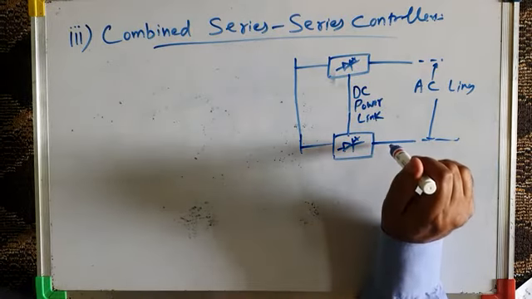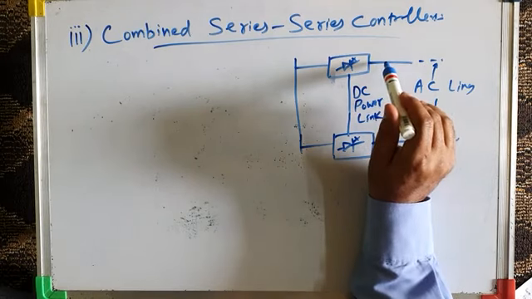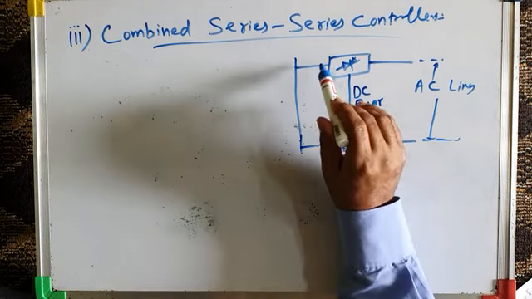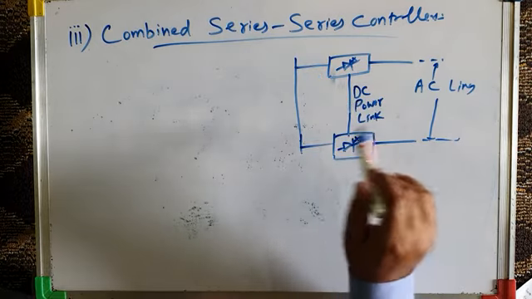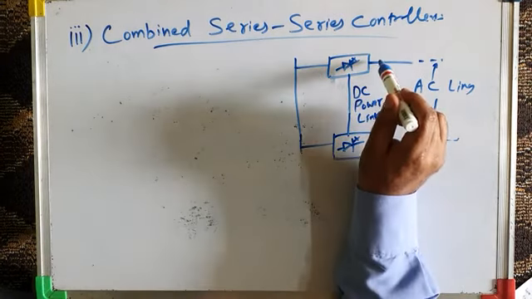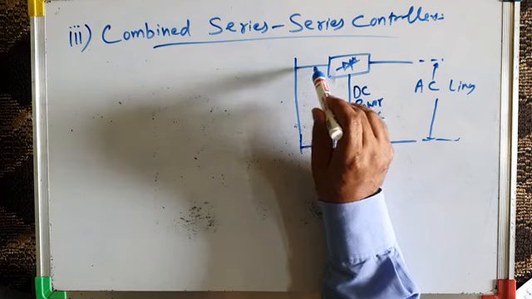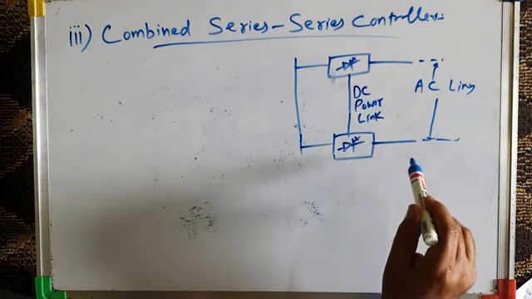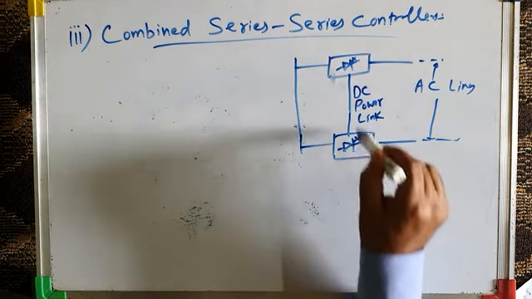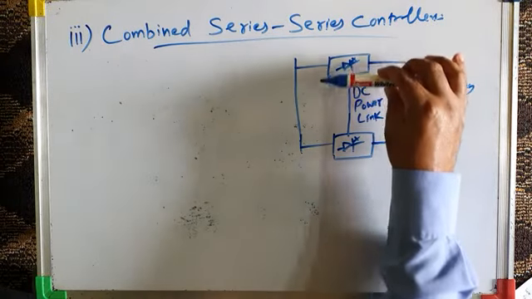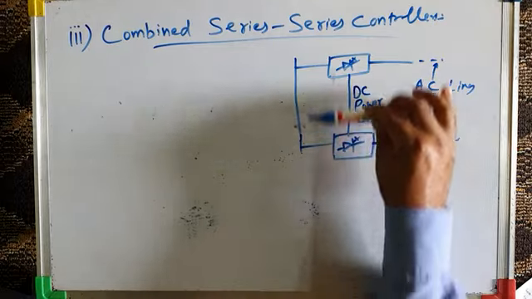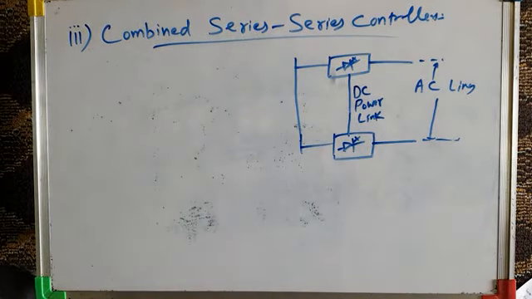Or if this line is overloaded and this line is underloaded, in that case we may like to shift some power from this line to this line. So through this DC power link, power can be exchanged. Power can be shifted from this line to this line, or this line to this line, vice versa.